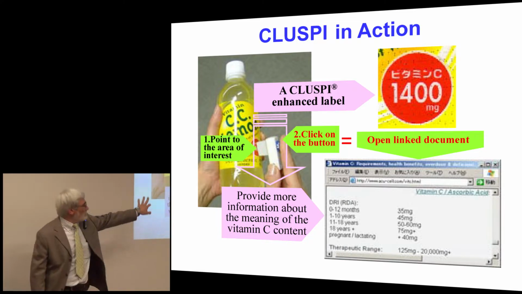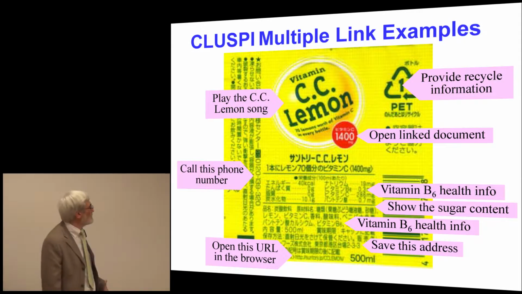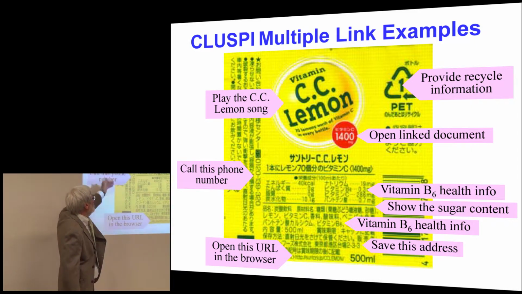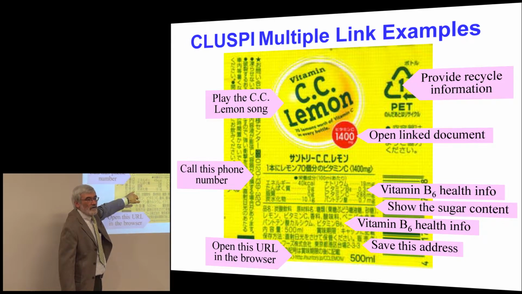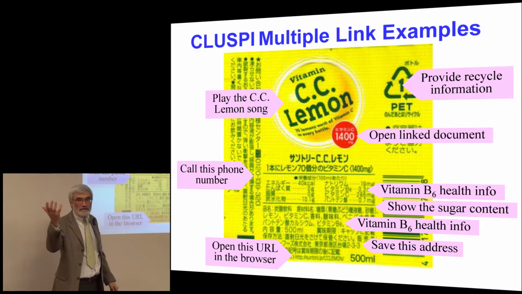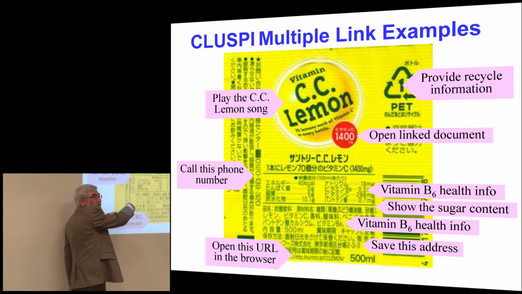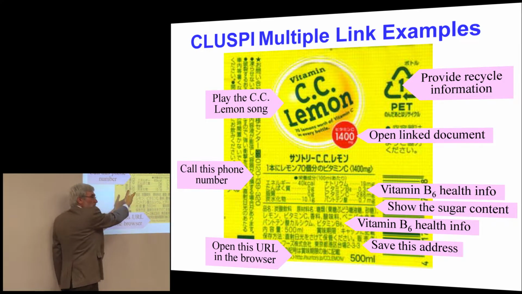This is the way you actually interact with the label. Areas are not well specified here, but if you click somewhere in the vicinity of this phone number, I mean, you take your cell phone and take a picture of this area, then the phone will dial, because that's what the code says.